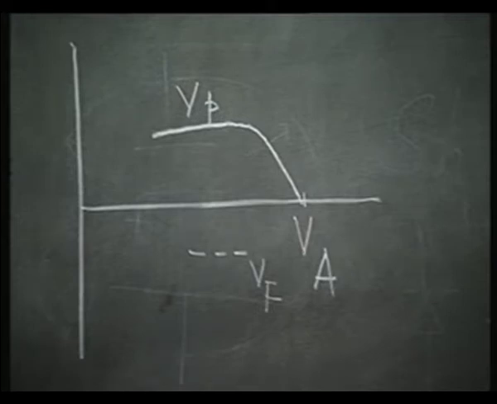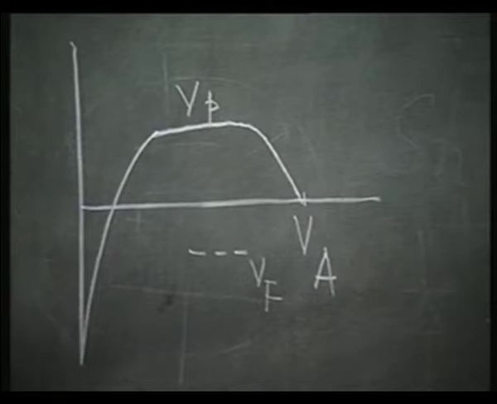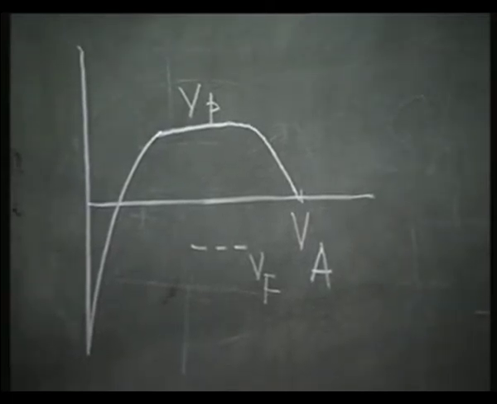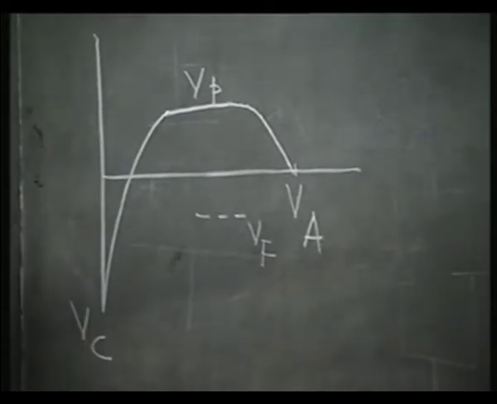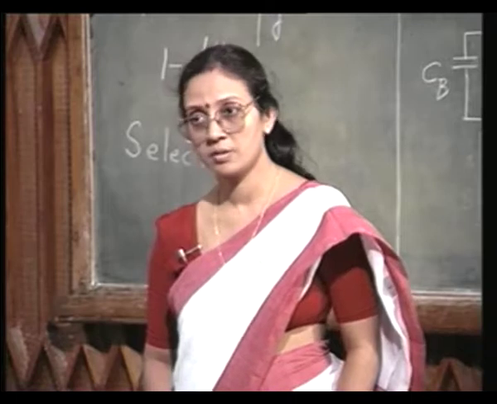And then this is my cathode sheath potential Vc, a large negative voltage that is developed across the other electrode.